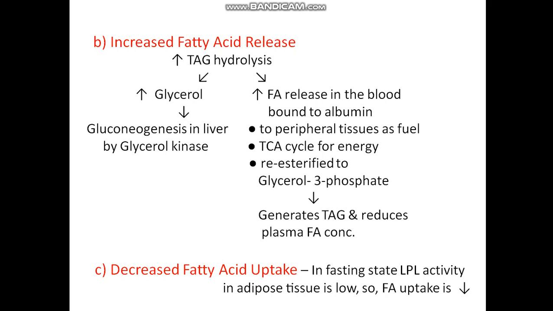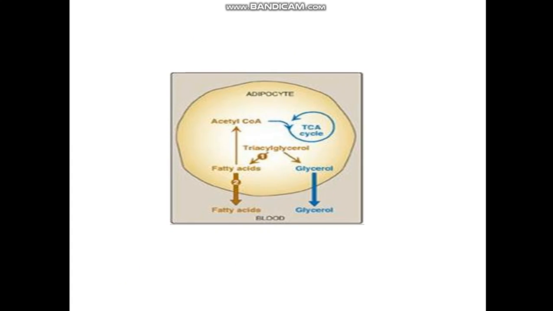And the third is decreased fatty acid uptake. In the fasting state, LPL, that is lipoprotein lipase activity in adipose tissue, is low. So fatty acid uptake by adipose tissue is reduced.